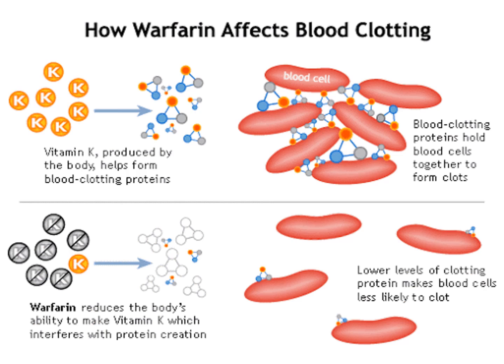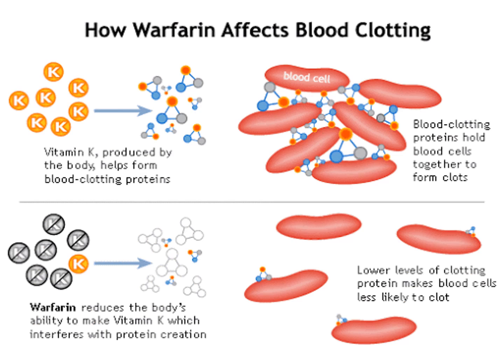So first we have to look at how vitamin K actually helps with blood clotting. So it helps by sticking the blood cells together. Okay, so vitamin K is part of the compounds that stick and hold blood cells together to form a clot.